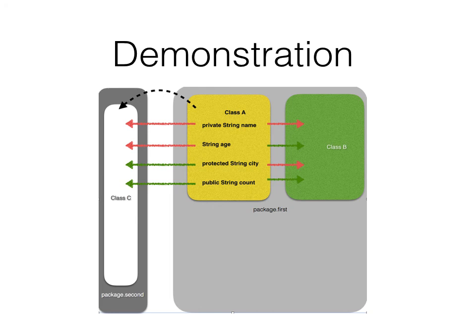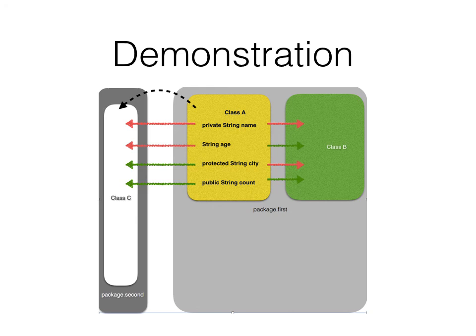Furthermore, the third variable is a protected string city. Our definition is that a protected variable can be accessed only by a subclass, and here C is the subclass of A. Therefore, the city variable can be accessed via C, but it cannot be accessed by B. The last one is the public variable, which is accessible to all irrespective of package, class, or subclass.